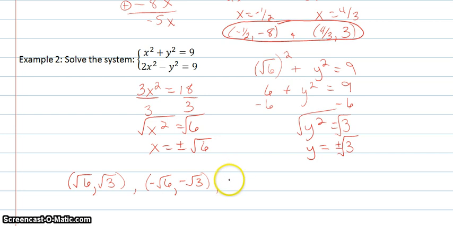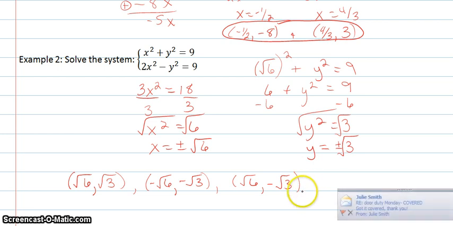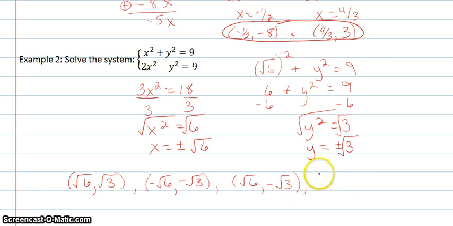Then I'll have the positive square root of 6 with the negative square root of 3. And then the negative square root of 6 with the positive square root of 3.